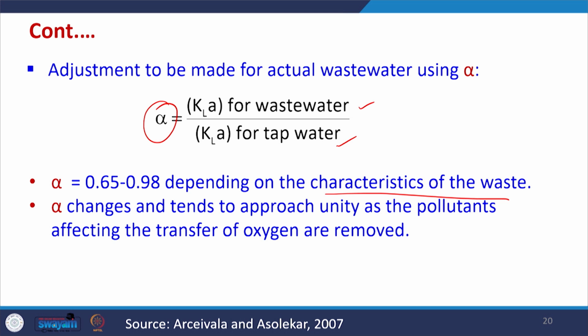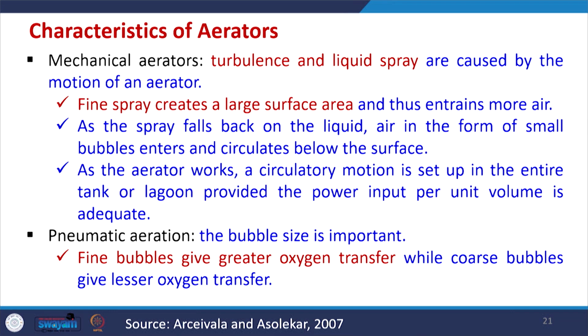Then the characteristics of the aerators are also very important. What type of aerators we are using, whether it is mechanical aerator or pneumatic aerator, the oxygen transfer rate may change depending upon that. In the mechanical aerators, turbulence and liquid spray are caused by the motion of the aerator.